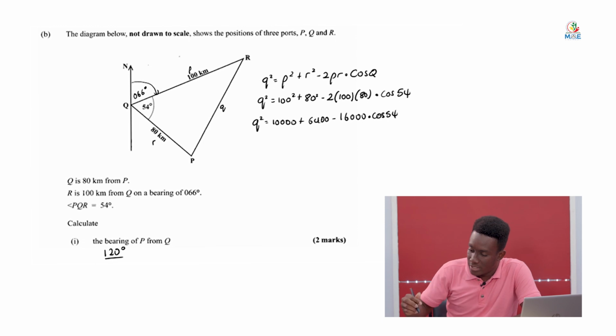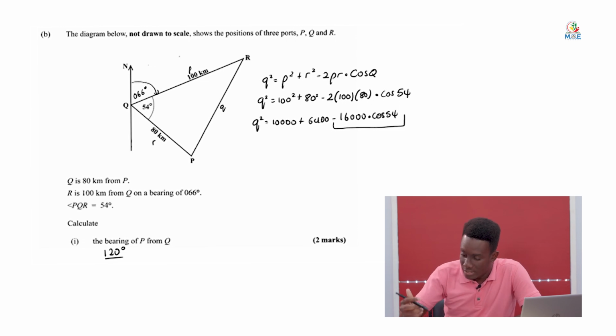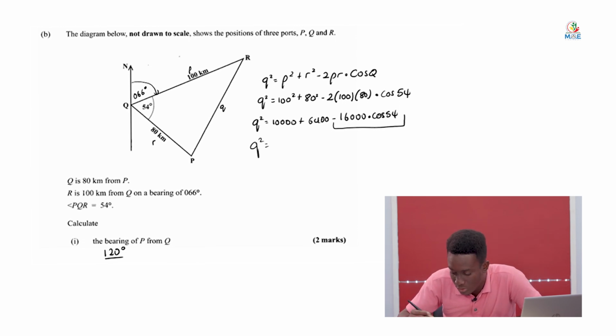So I can treat this as negative 16,000 multiplied by cos 54, and that would give me q squared is equal to 10,000 plus 6,400, subtract 9,404.56, and now we can work this out.